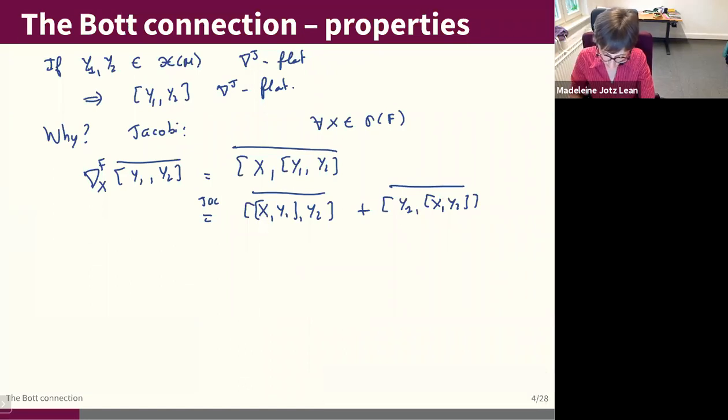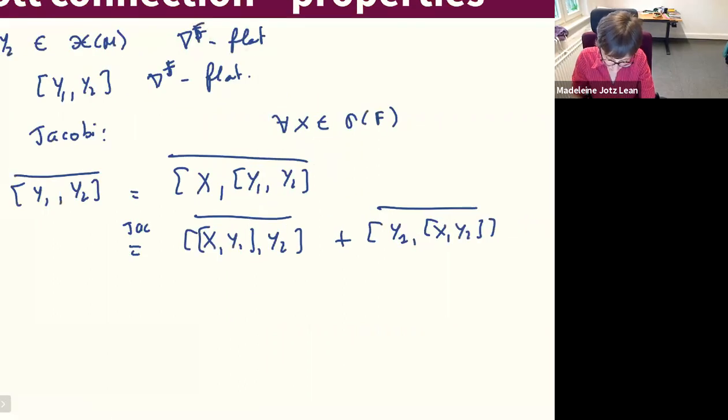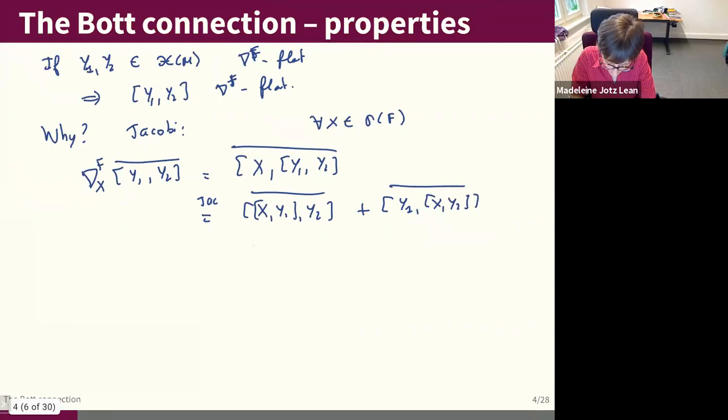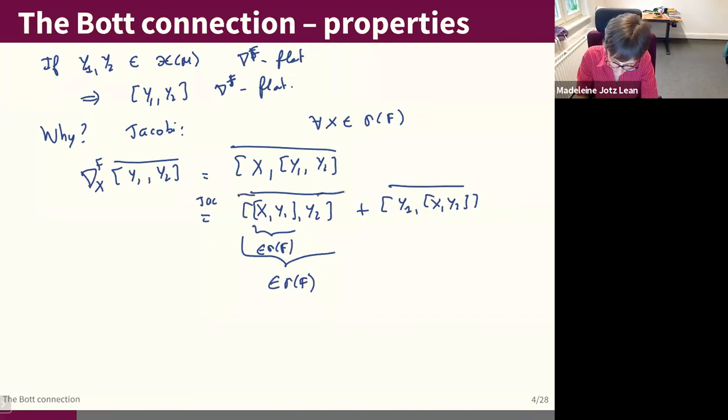So Y1 is flat, sorry, here that was an F. Y1 is flat. So Y1 brackets F into F. So that's a section of F. And Y2 is flat. So it brackets again F into F. So that's a section of F. And if you quotient by F, then you get that this is 0. So that's geometrically clear if the quotient manifold exists, but it's also just clear, it's just Jacobi otherwise.